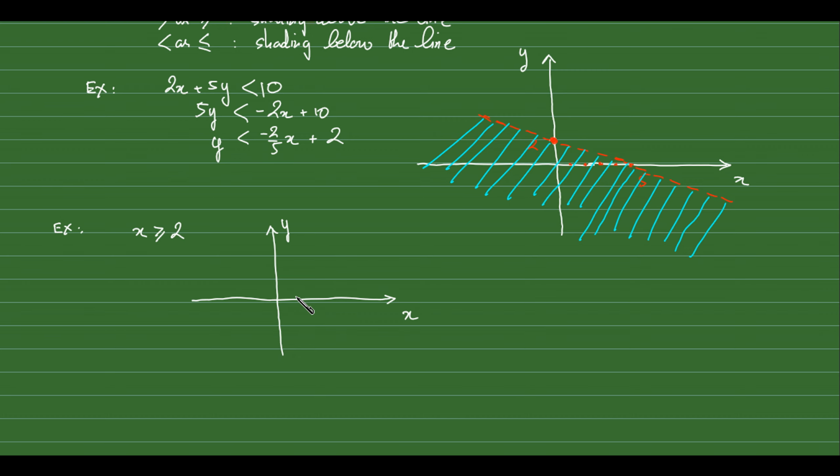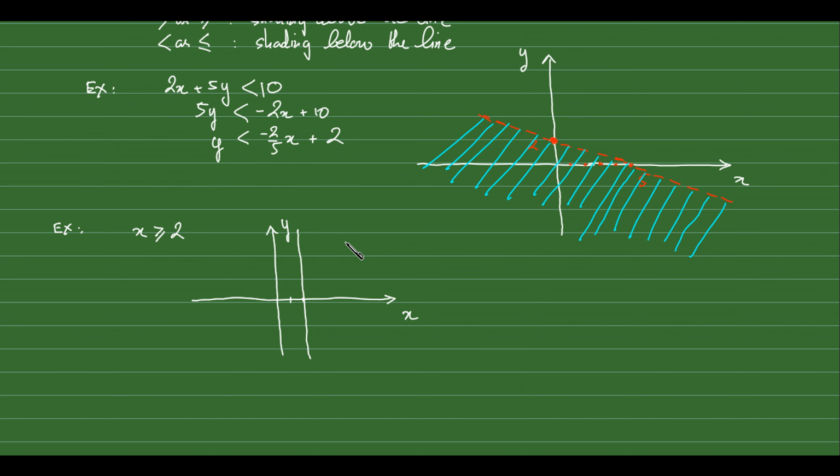So x equals 2. x equals 2 is the vertical line. So this is 2 over here, and because it's equal, I'm going to draw the vertical line, the solid line. And because it's greater than, it should be on the right hand side.